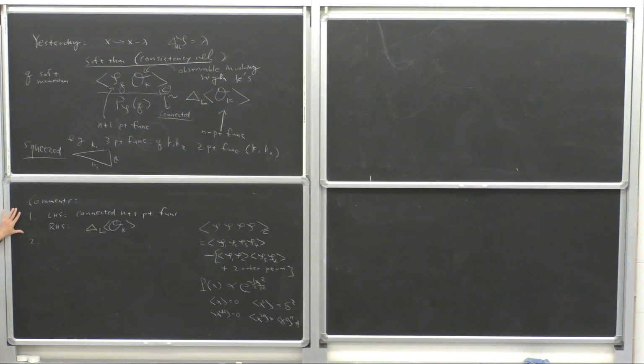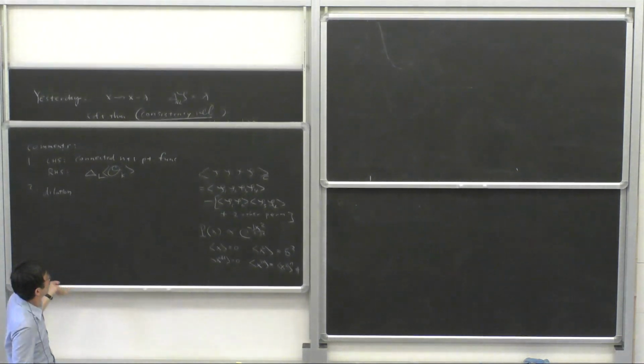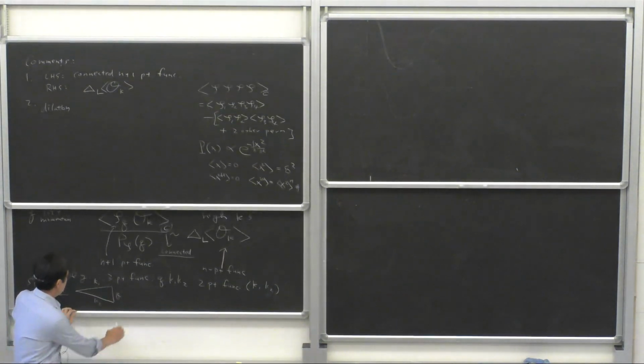Other questions? So the second comment I want to make is that, as Will asked earlier, the dilation symmetry actually is not the only one. In fact, I already noticed a mistake. You should have corrected me.